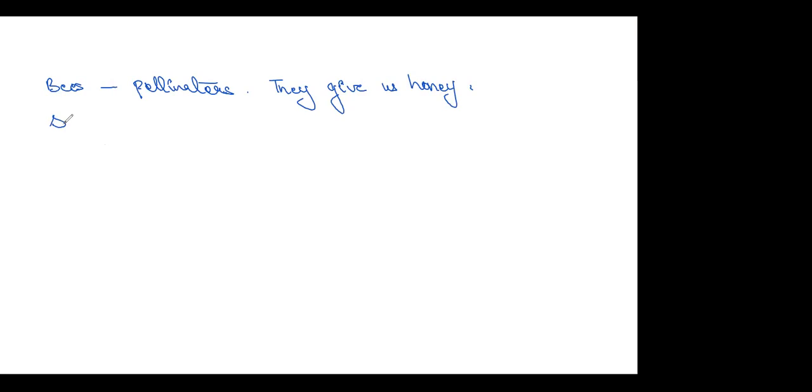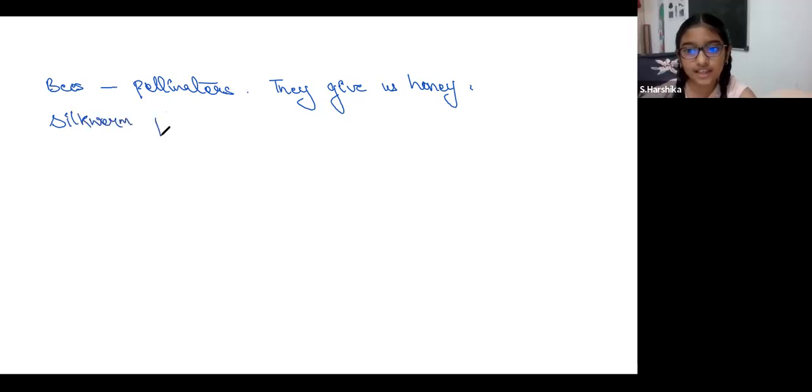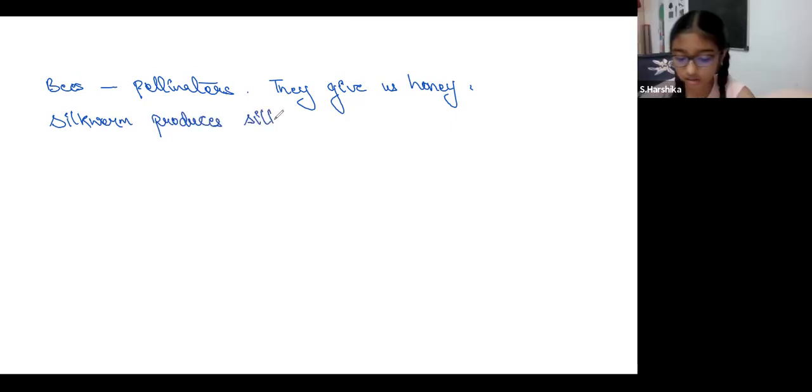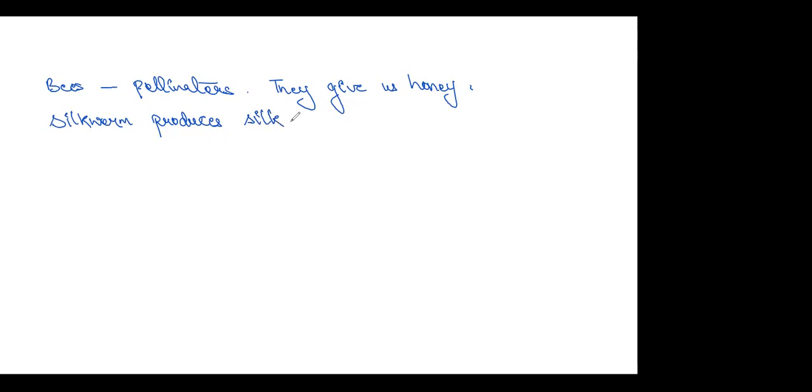So one example is bees and the other is silkworm. From silkworm, what do we get? Silk. Yes, silkworm produces silk. Ma'am, silkworm also has 2 pairs of wings. Yes.